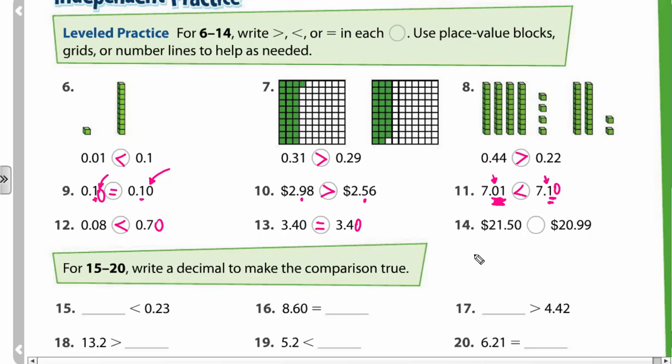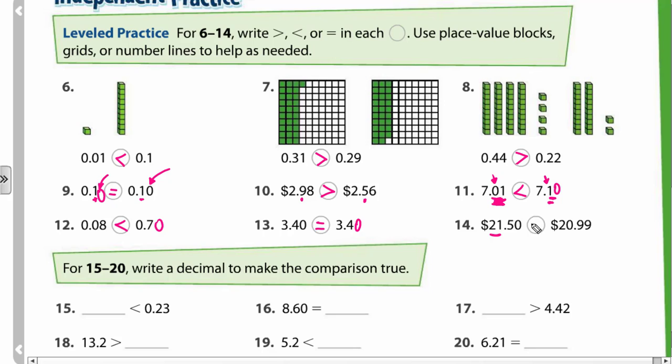Question 14, right? Yes. 21.50 is greater than 20.99.